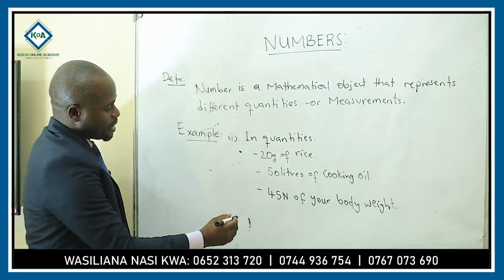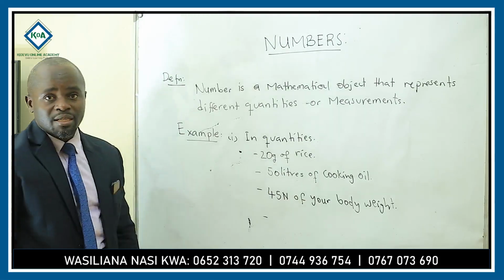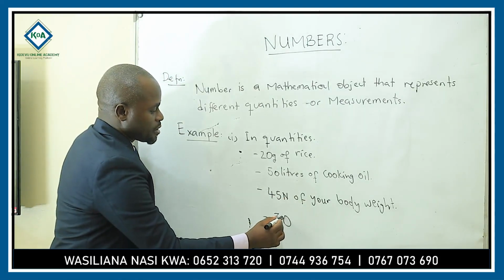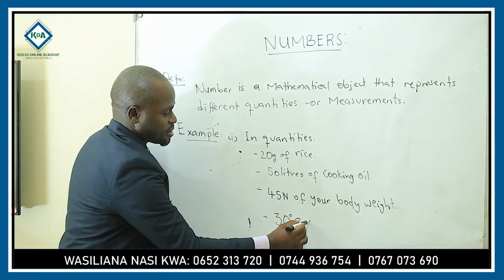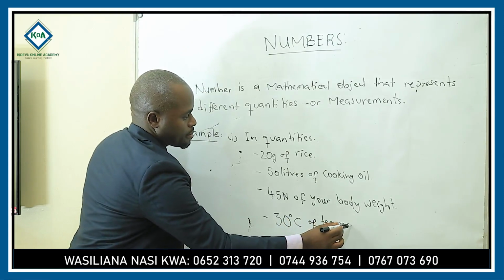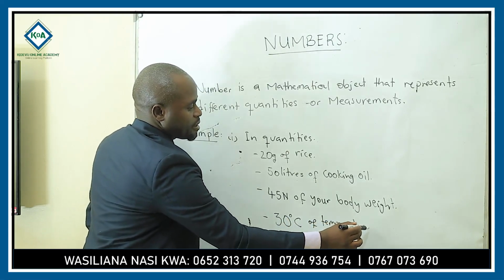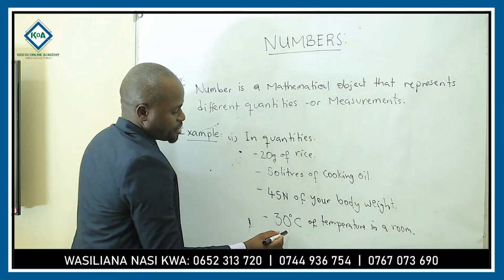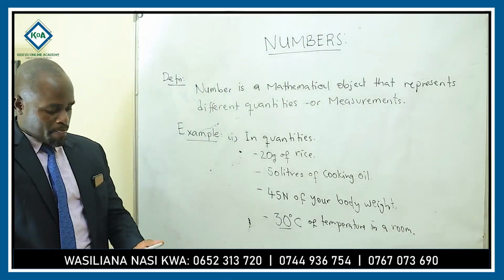Or sometimes you have the temperature of a day, it can be maybe 30 degrees Celsius, the temperature in a room. Now this 30 is called a number.